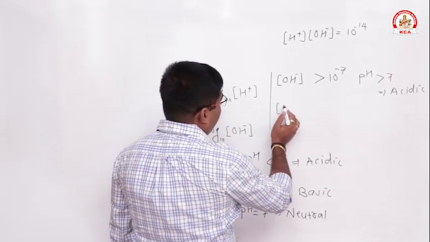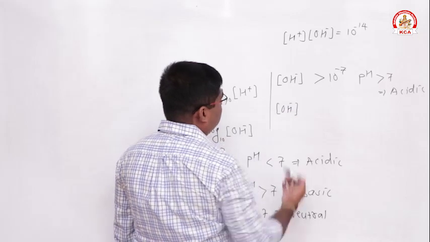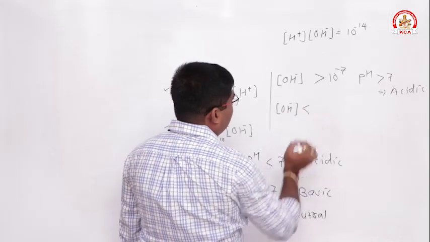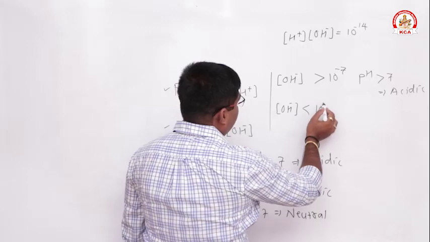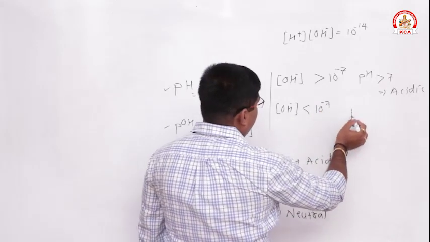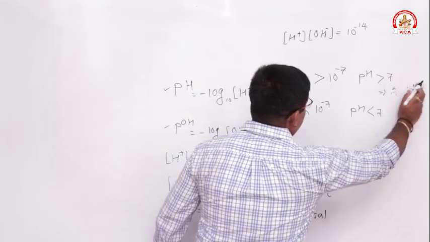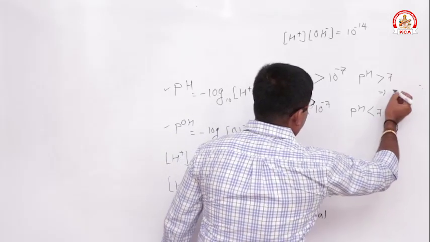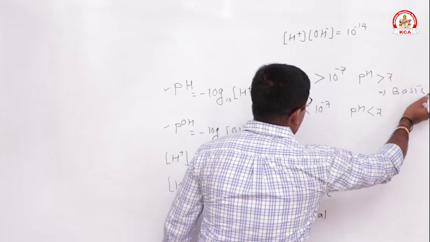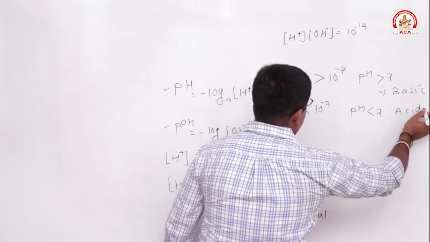Then when OH minus ion concentration is less than 10 raised to minus 7, then pH is also less than 7. The first solution is basic and this solution is acidic.